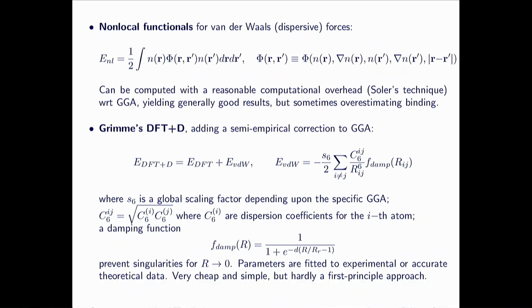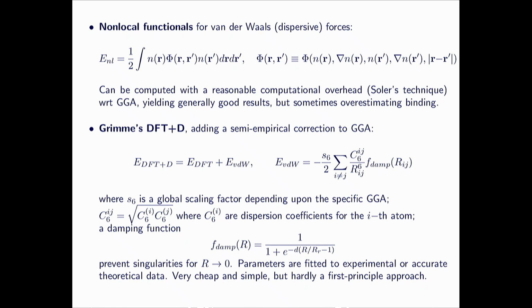Okay, coming to the problem of van der Waals. There are various approaches for this. One approach is, from first principles, you say, okay, I write down a functional that may account for non-local interactions like van der Waals.